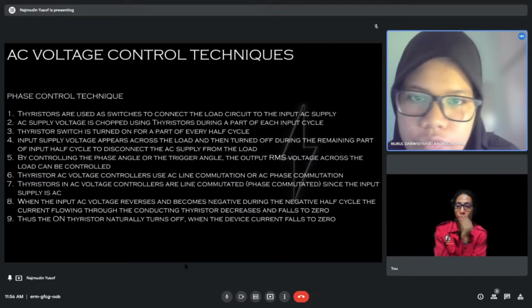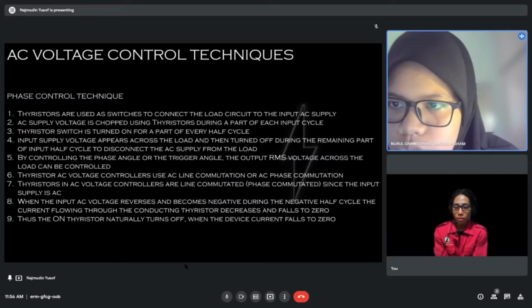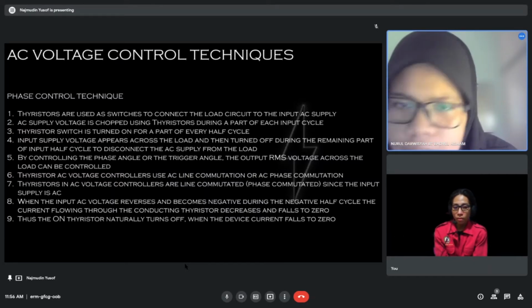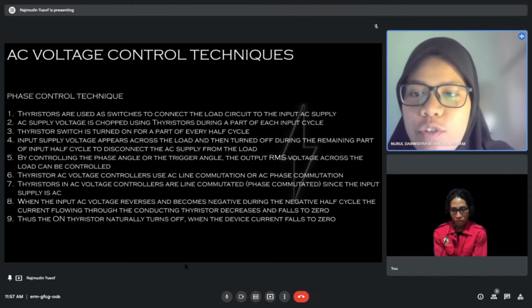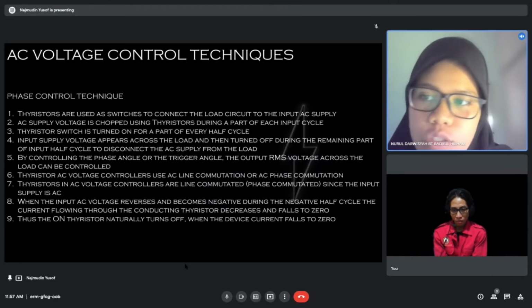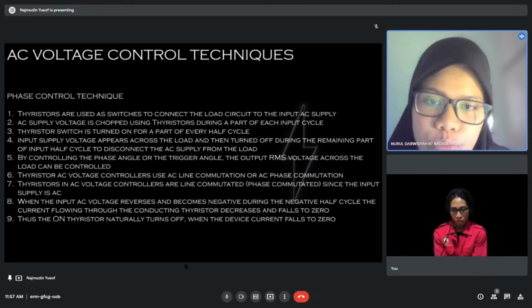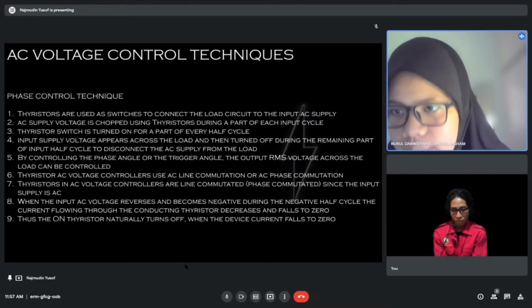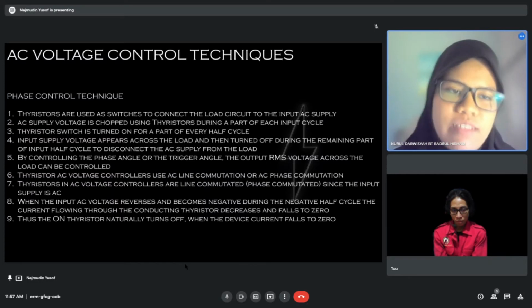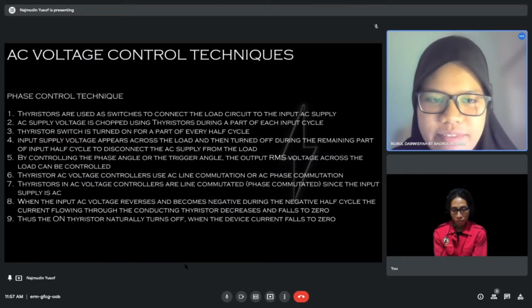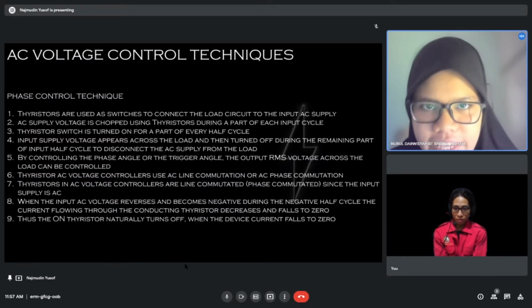Transistor AC voltage controllers use AC line commutation or AC phase commutation. Transistors in AC voltage controllers are line commutated, phase commutated, since the input supply is AC. Next, 8.